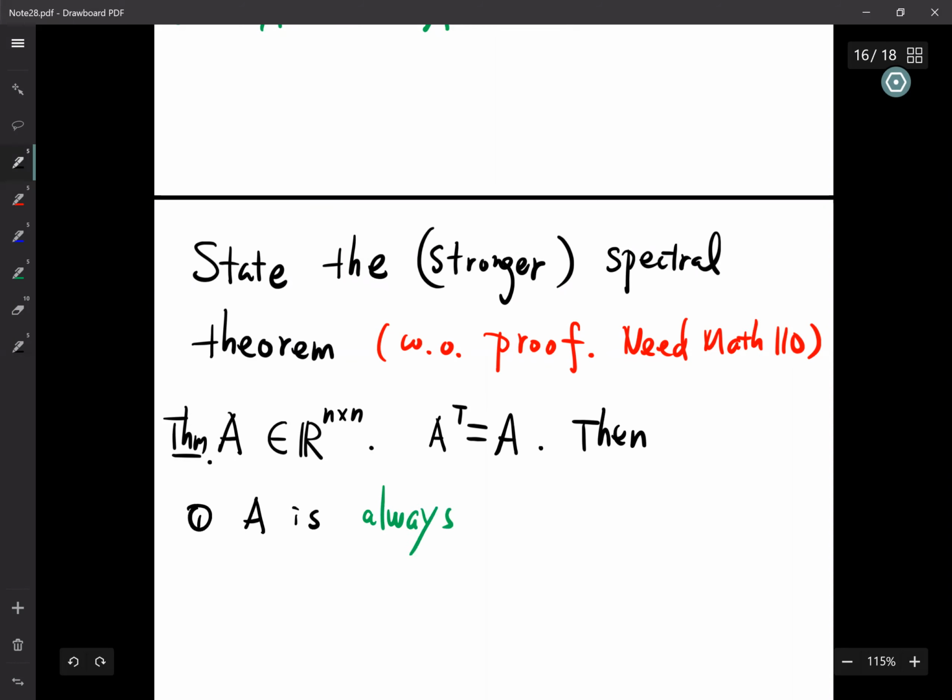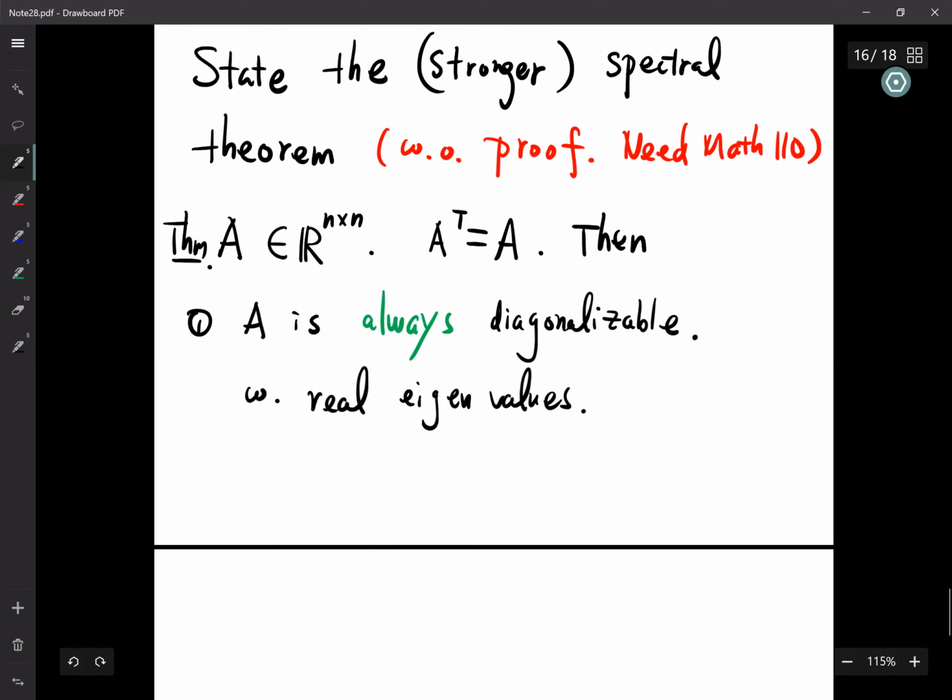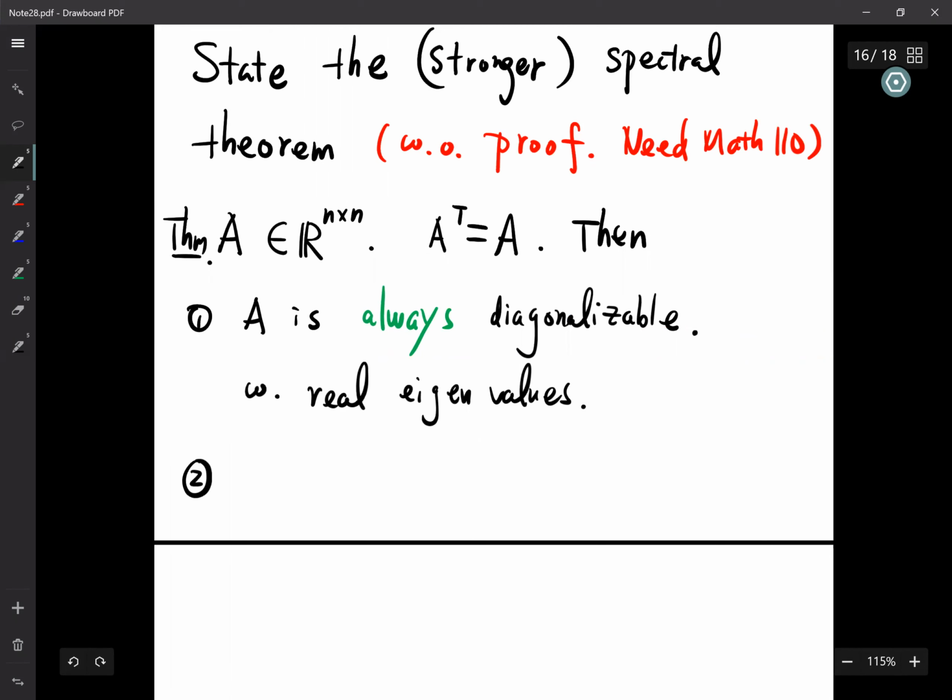Eigenvalues are not necessarily distinct, but A is always diagonalizable, with real eigenvalues. It is diagonalizable means that there are n eigenvectors, and eigenvectors can always be chosen to form an orthogonal matrix.